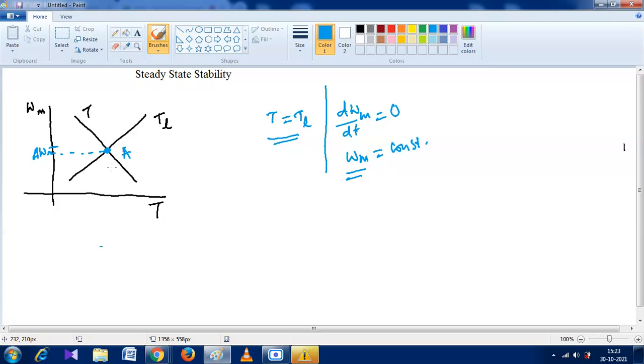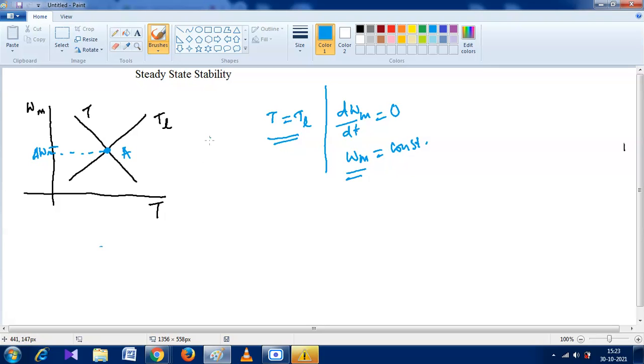Yes. And we have to now check whether the A point is stable equilibrium or unstable equilibrium. And how to check? You have to increase the speed of that system.